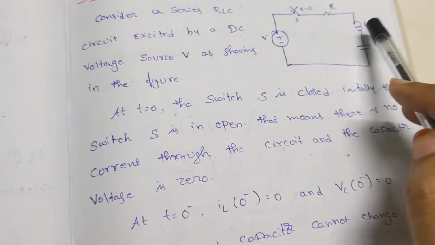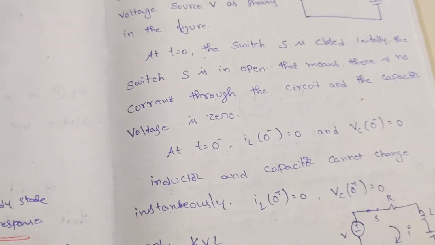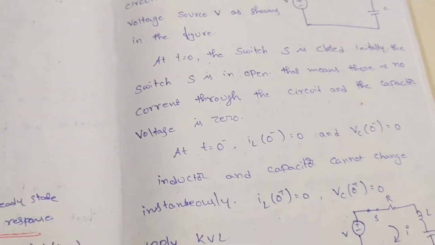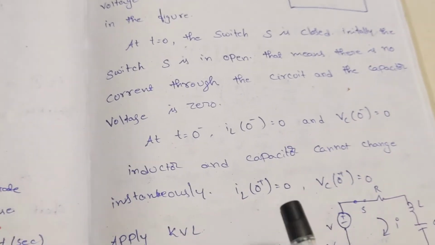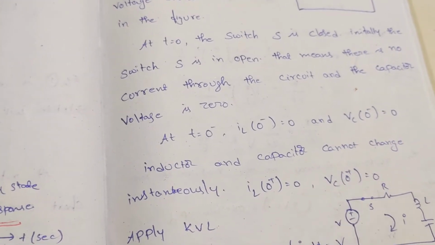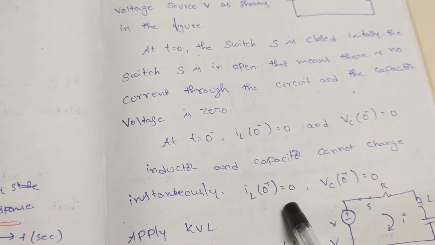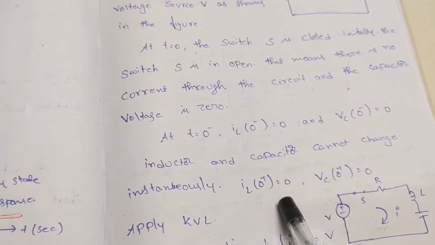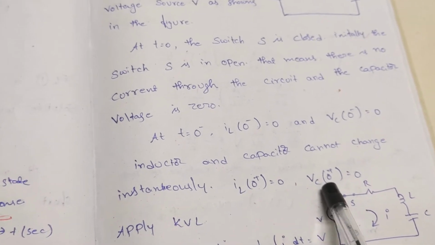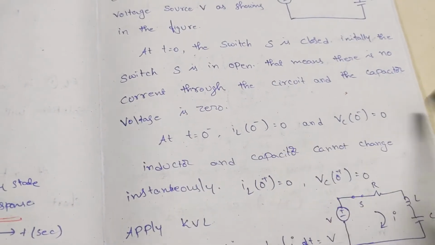That's why we are assuming the initial conditions as, even if you close the switch instantaneously, I'm talking not after 5 seconds or 2 seconds, the moment you close the switch, even though the current flows in your circuit since it becomes a closed circuit, the current through your inductor we are assuming as 0, since it doesn't allow the sudden change in current. As well as the voltage across your capacitor is also equal to 0. These are the initial conditions of your circuit.